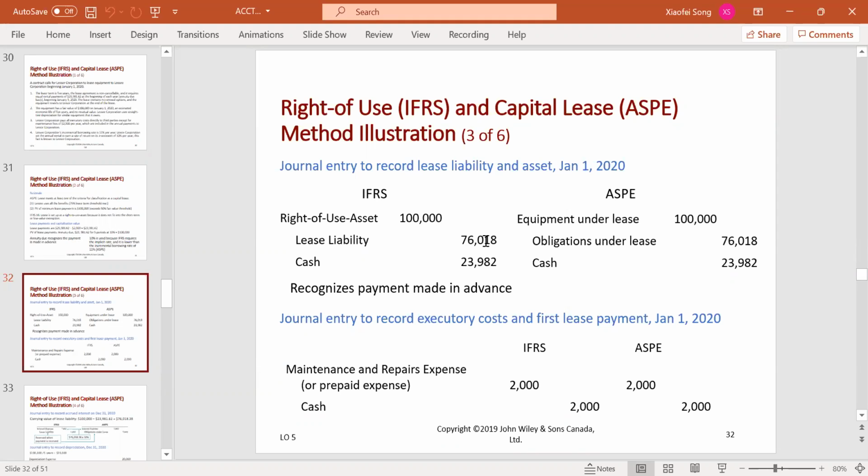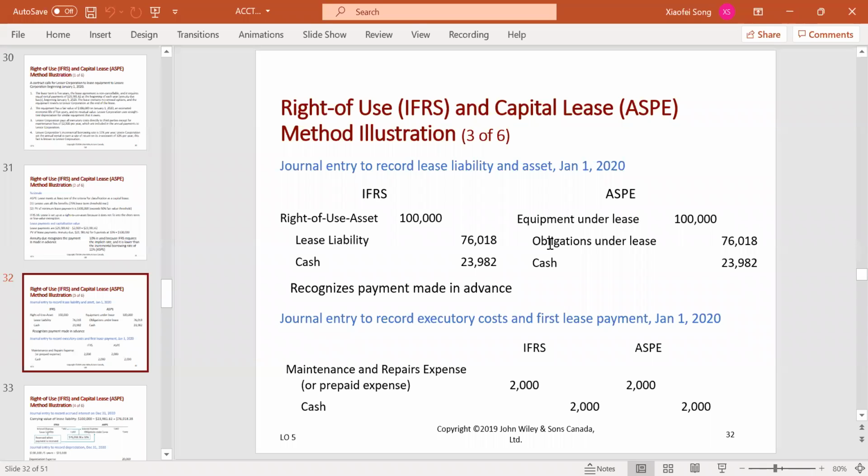Now the difference is the title of the account. Under IFRS, the asset we debited is called the right-of-use asset. The word lease is not in it, just right-of-use asset. And the liability is called the lease liability. Under ASPE, the asset is called equipment under lease or leased assets, and the liability is called obligation under lease.